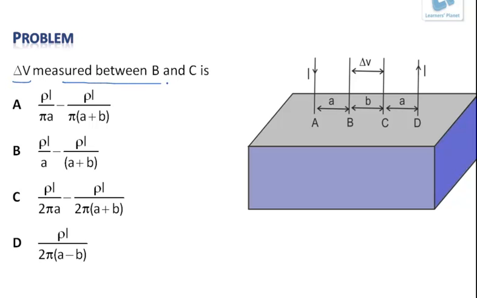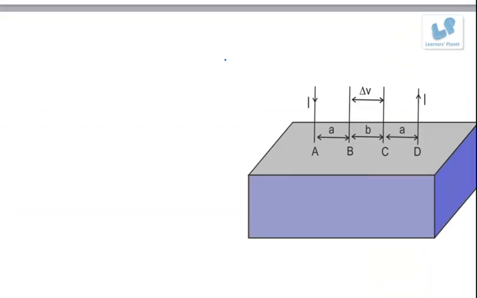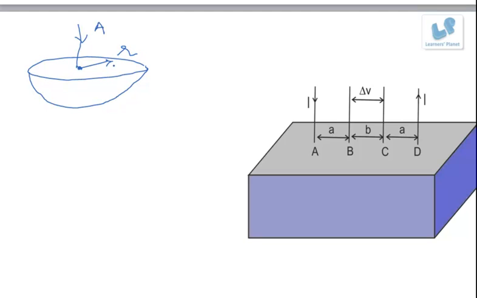delta V measured between B and C is... now let us say this is the surface of the slab which is given. Current I is entering from above at point A, O is the center, and let us say this is the hemispherical surface that we are assuming of radius r.